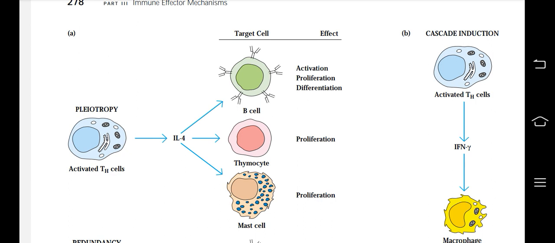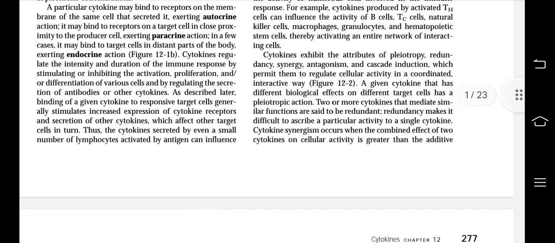Okay, that is called pleiotropic action. So here we could see an activated TH cell. Activated TH cell is there. It shows the property of pleiotropy. Cytokines show that pleiotropic nature.